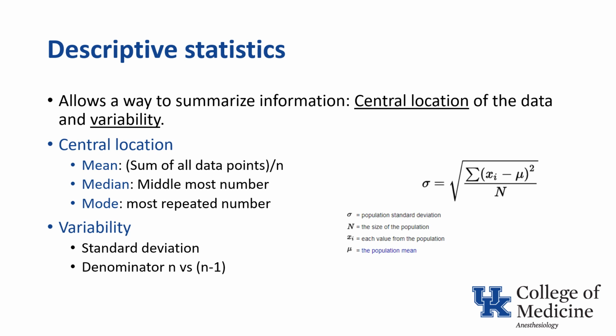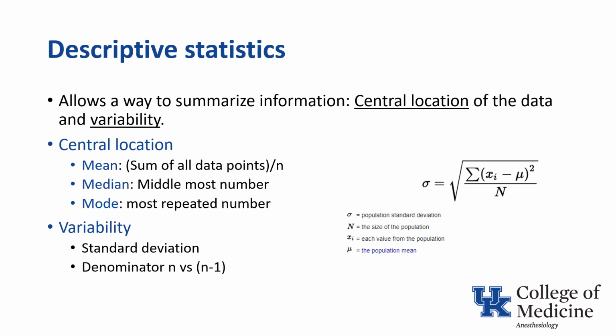And this is a very basic statistics that you all probably know. The three most common ways to report central location is mean, median, and mode. Mean is simply the sum of all data points divided by the number of data points. Median is the middlemost number. Mode is the most frequently repeated number.